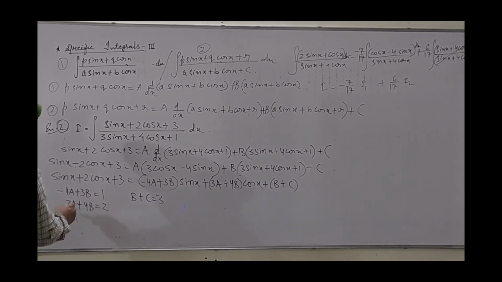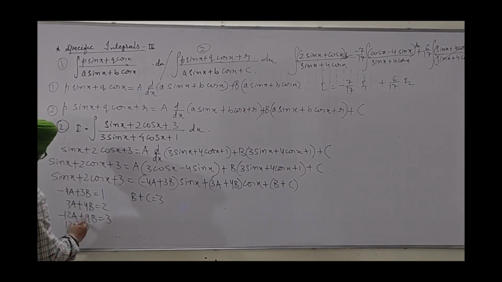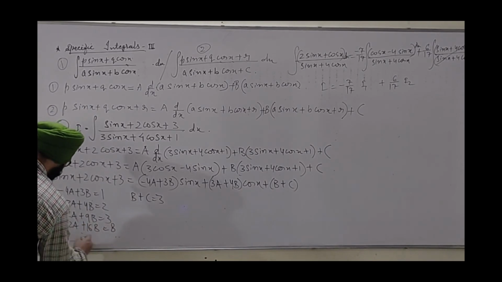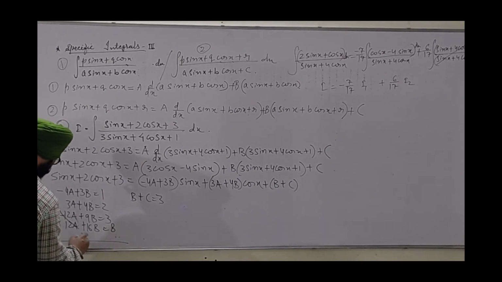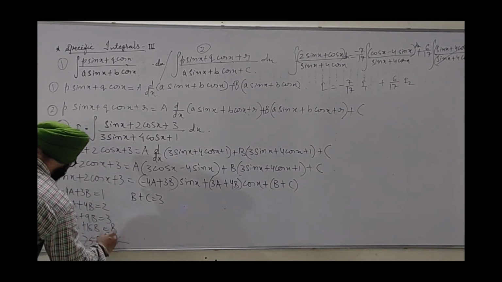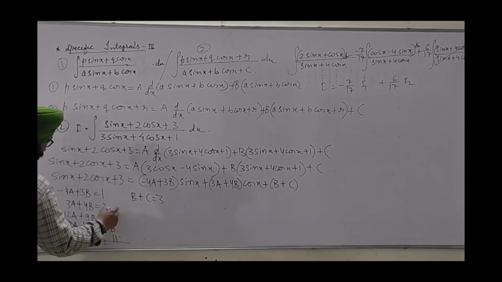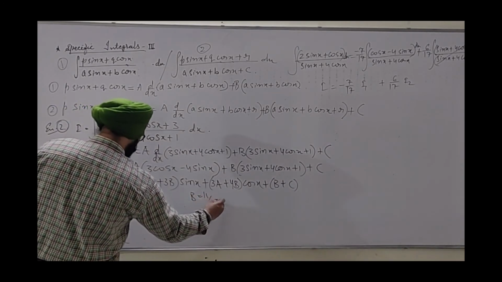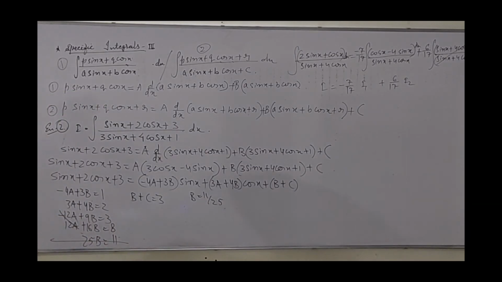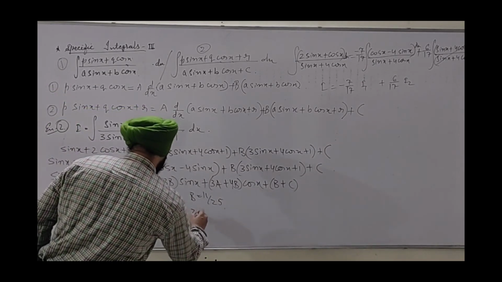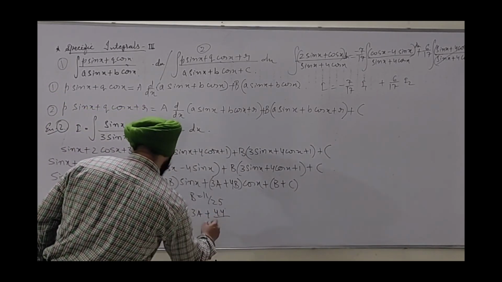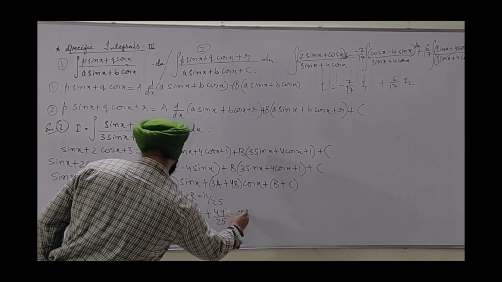Here, solving, 4 3s are 12, so 12A minus 9B equals minus 3, then 4 3s are 12A plus 16B equals 8. Adding, we get 25B equals 11, so B is 11 upon 25. The value of B gives us A. From any equation we can obtain it. If I do the second, I have 3A plus 44 upon 25 equal to 2.